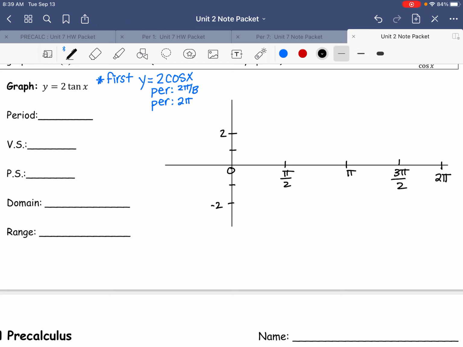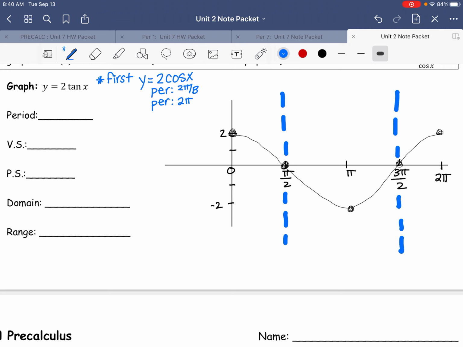And then I'm going to lightly graph the cosine. Start up at 2, 0, -2, 0, +2. So my cosine graph looks like this. But remember, really we're trying to graph the tangent graph. So really I'm going to put my asymptotes in wherever this cosine was 0, so at pi over 2 and at 3 pi over 2.